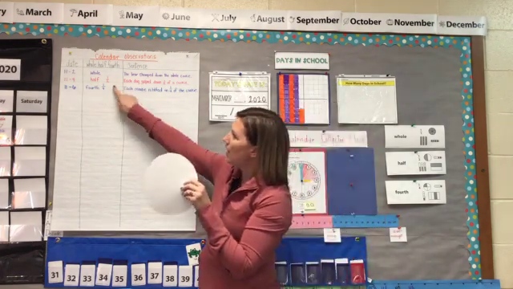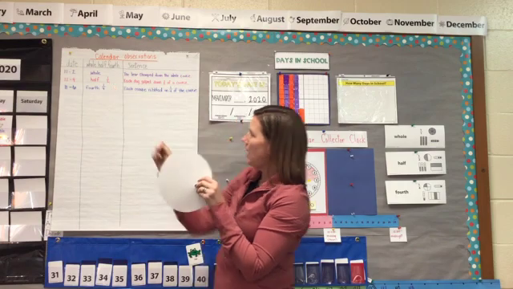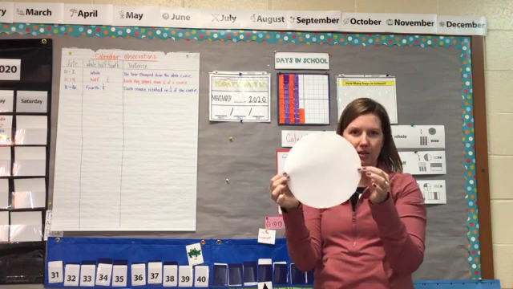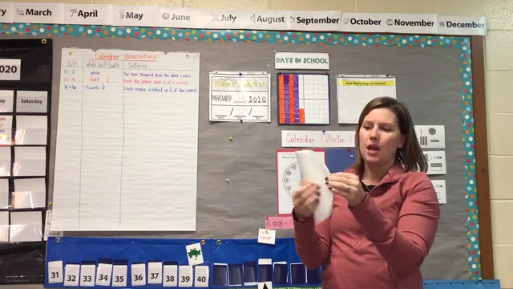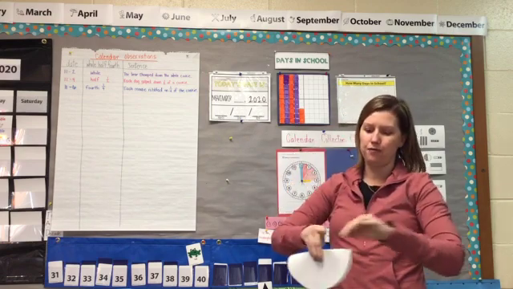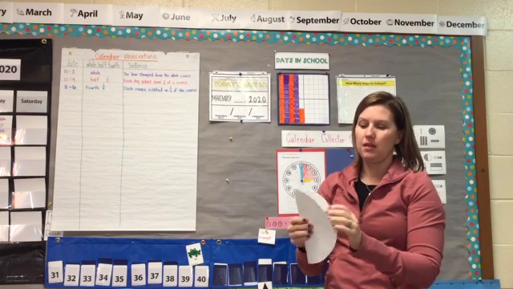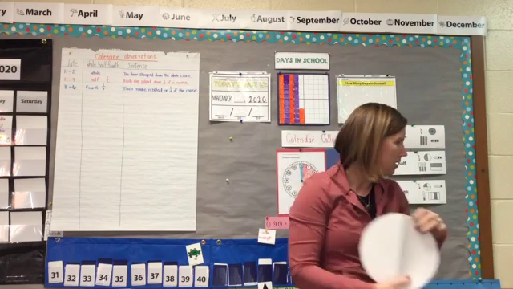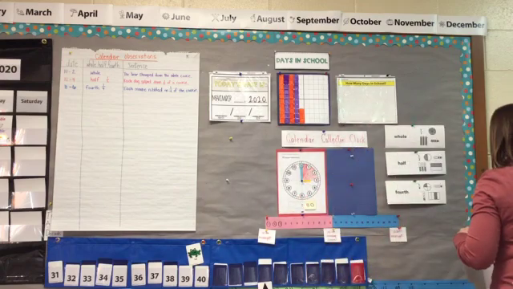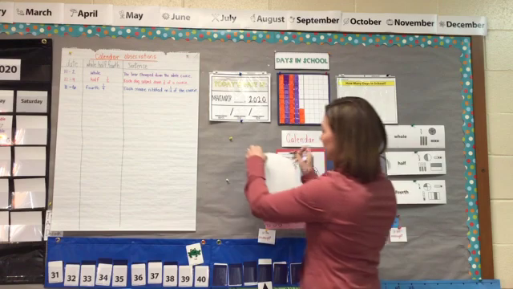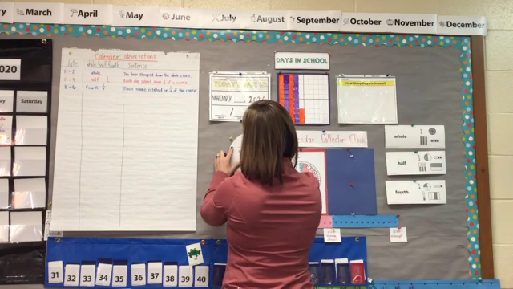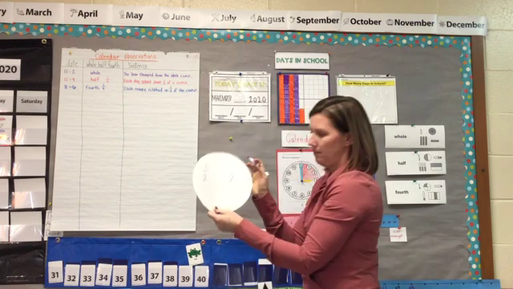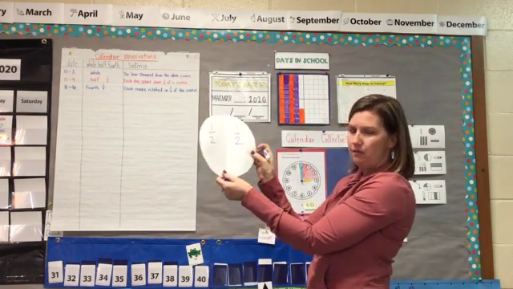So that was on Wednesday, and we said each dog gulped down half of a cookie. So if we take our whole cookie and we just fold it in half, then we can see that there are 2 equal parts, right? So we can write that as this is half of the cookie and this is half of the cookie, okay? So you can see that's in half.